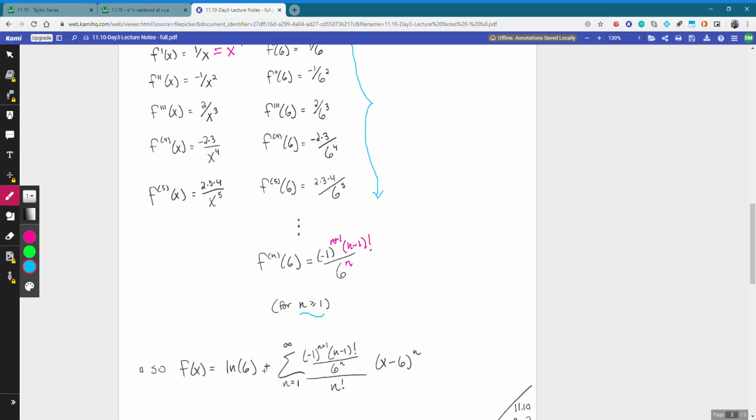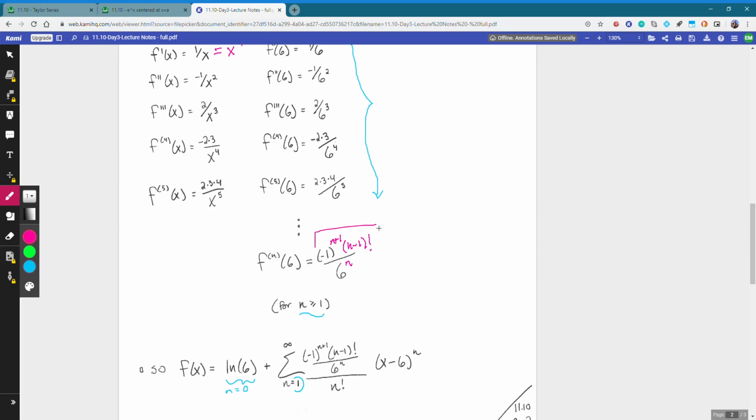So here we've popped off that 0th term, which always is just our function evaluated at our center, and then plus we have the sum starting from n equals 1, right? Because over here, this was our n equals 0th term. So we've separated that, and so our series is going to start at n equals 1.